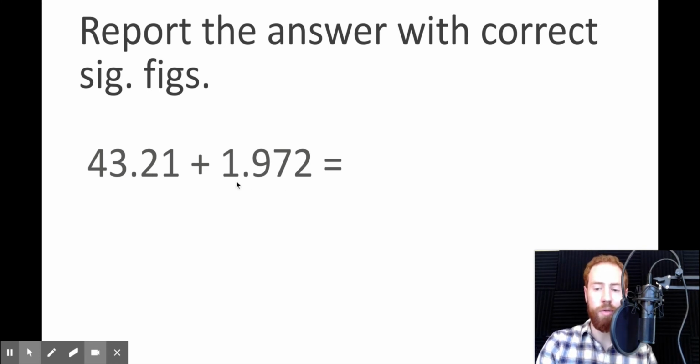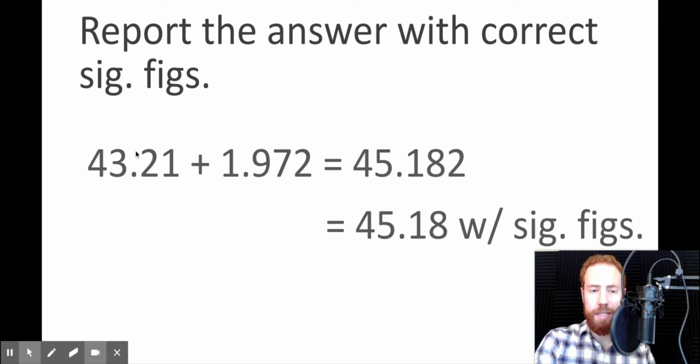So based on that rule we just went over, our answer is going to be limited to two decimal places because our number with the least number of decimals has two decimal places. So in this case, if you plug this into your calculator, you're going to get 45.182, but really the answer is 45.18 because you're limited to two decimal places. And then you're going to stop there.